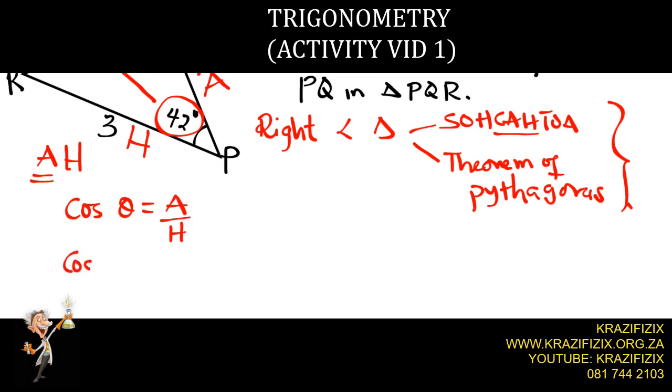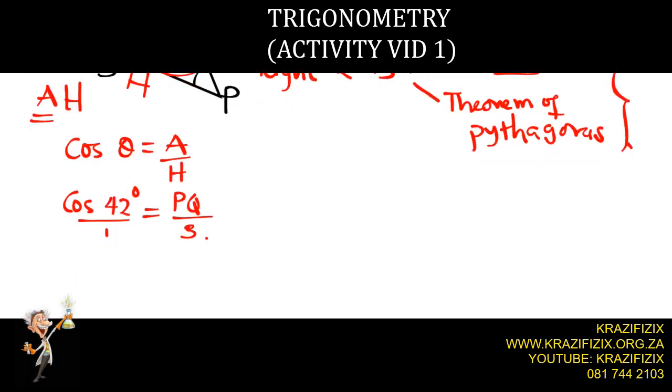Now what's my angle? 42 degrees. What is my adjacent? PQ. And what is the hypotenuse? 3 over 1. We simply cross multiply. So PQ will be 3 cos 42 degrees.